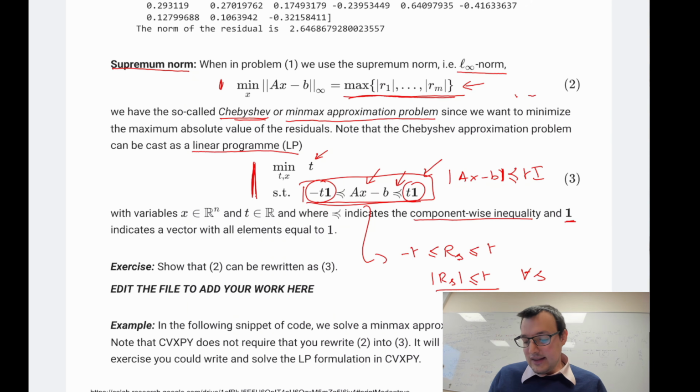That means that what you care about here is just the most restrictive constraint, because if this holds for the biggest absolute value of r_j, then it holds also for the other ones. And that's why this corresponds to the minimization of the maximum absolute value. This is a good exercise to try to understand the logic behind these reformulations.